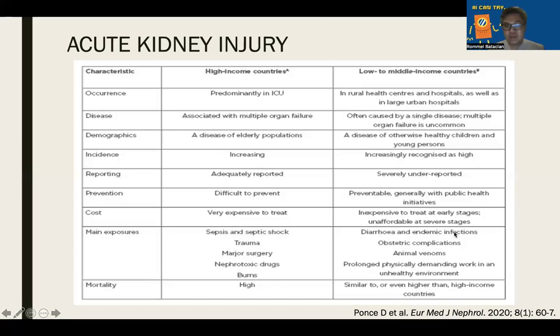So again, infections would be very prevalent as the cause of AKI in our setting and in developing countries. Also OB-related diseases, preeclampsia, for example, HELLP syndrome, animal venoms, particularly in the rural areas, and prolonged physically demanding work in an unhealthy environment.